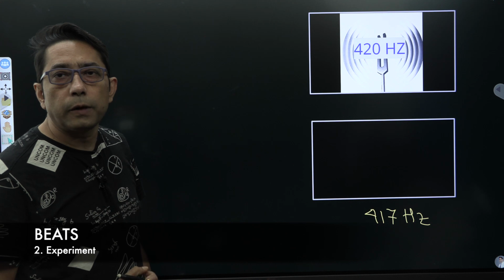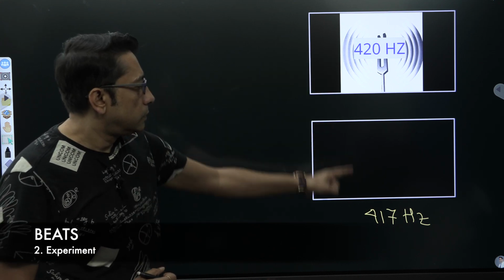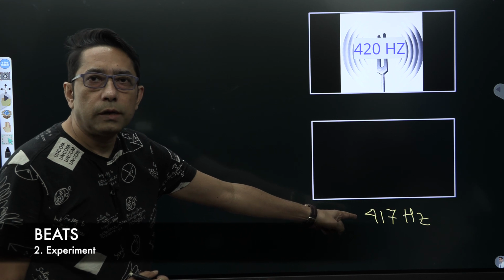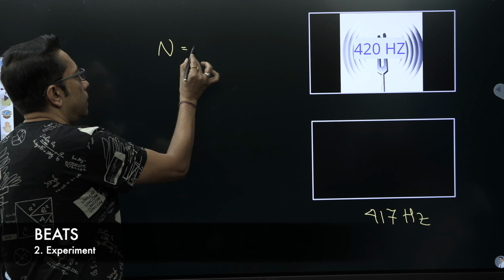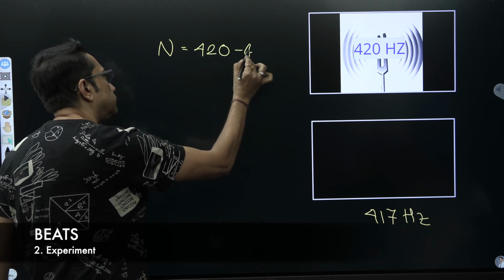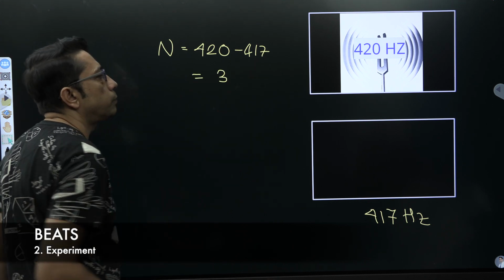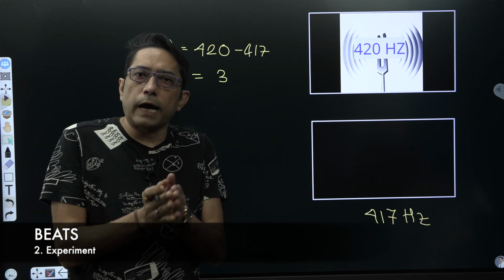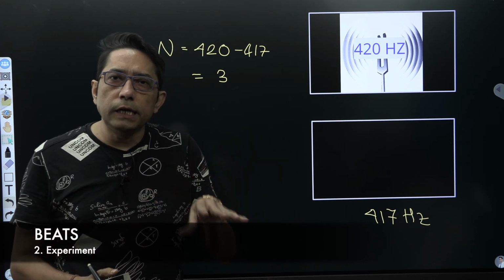How many louder sounds should they produce? N1 minus N2. N1 is 420 and N2 is 417. So 3 loud sounds should be produced per second. So as time goes by, 3 loud sounds each second.